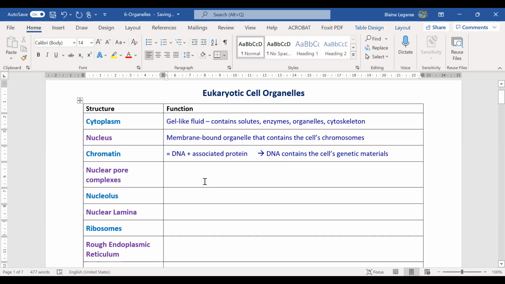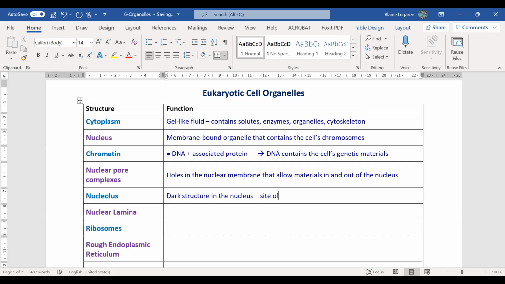Then there's the nuclear pore complexes. So these are, I don't want to use the word pore in my definition, so we'll say these are holes in the nuclear membrane that allow materials in and out of the nucleus. Okay. What about the nucleolus? So remember, the nucleolus is a dark structure in the nucleus.